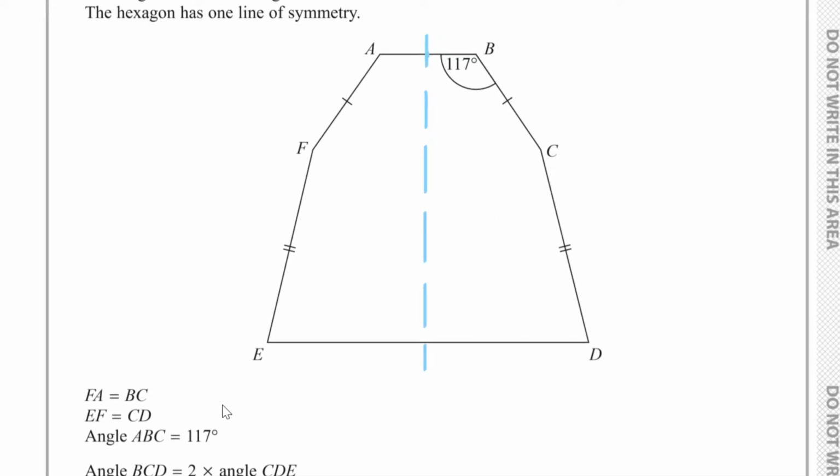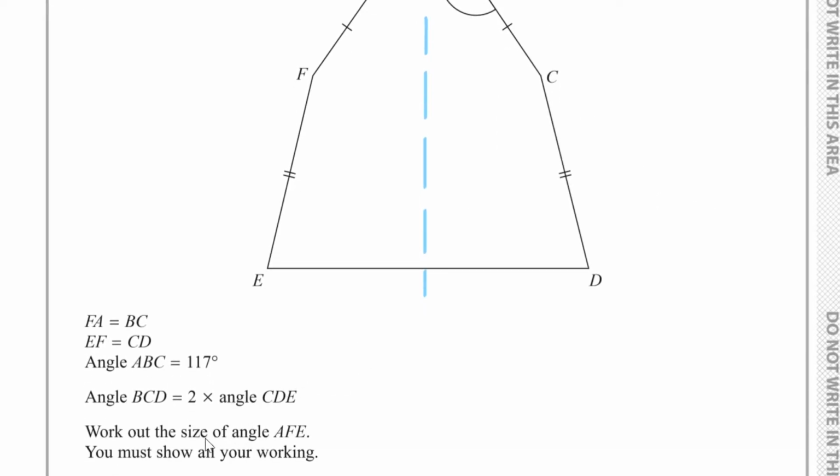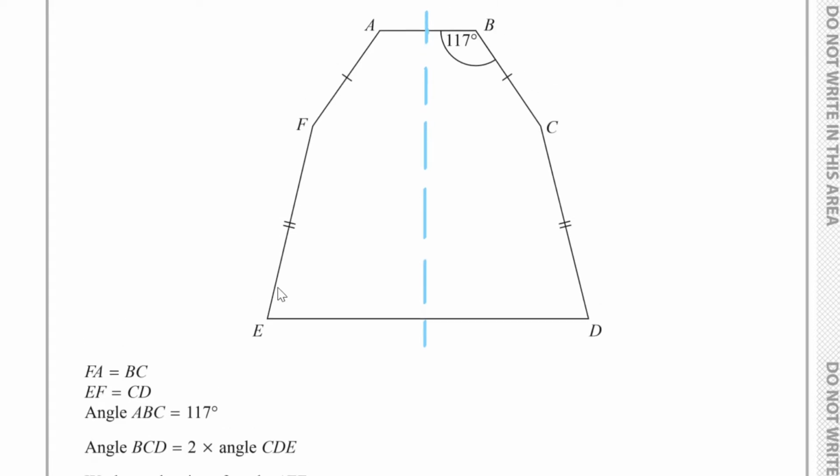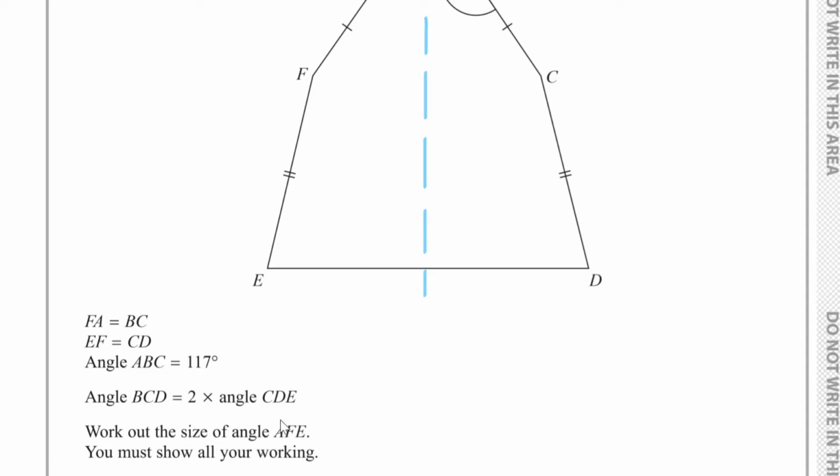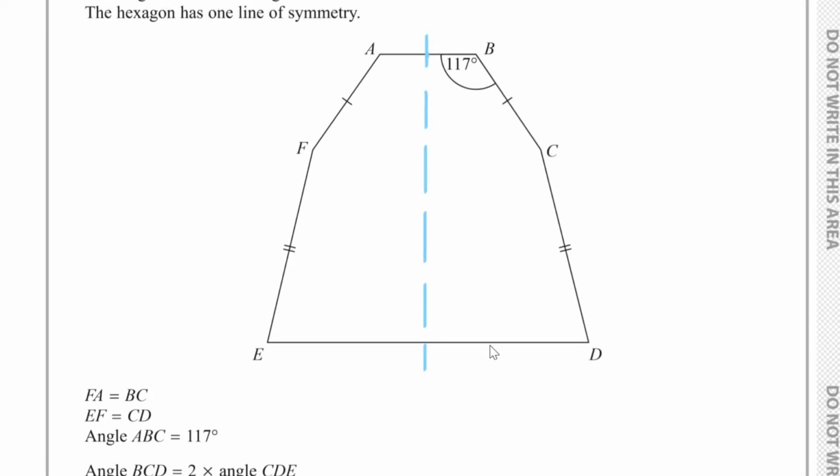Now over here we've got to work out the size of angle AFE. So AFE, that's what we have to work out, and we have to show all our working. Well, if this angle over here is twice this angle, if I call this angle over here x, then by symmetry this is also equal to x.